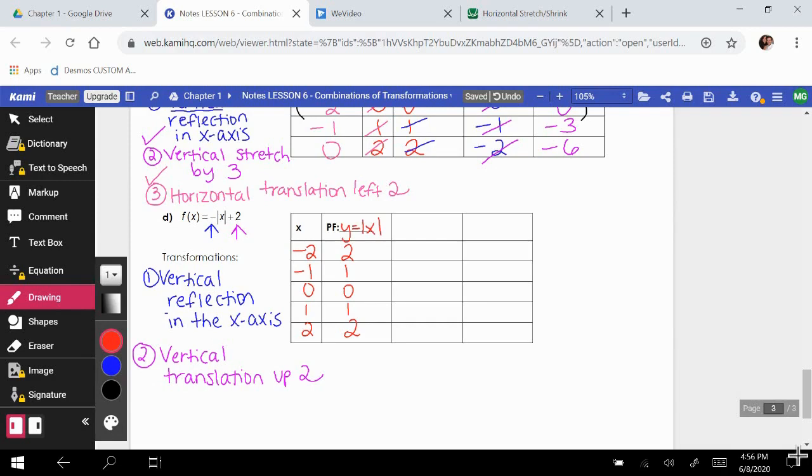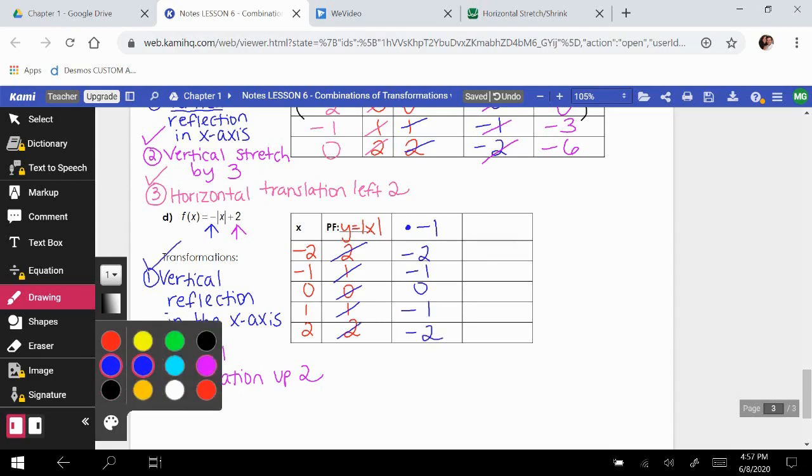Okay, cool. Let's go ahead and fill out our parent points. Okay. That looks good. All right, and we're going to start with vertical reflection. To flip the whole function over the x-axis, we're going to have to multiply the y values by -1. So that's done.